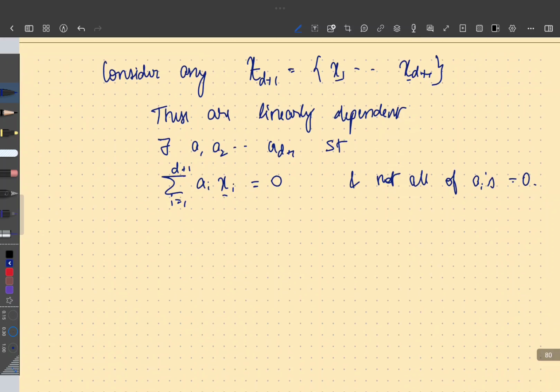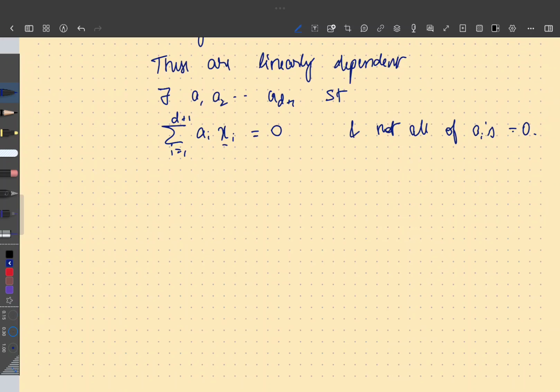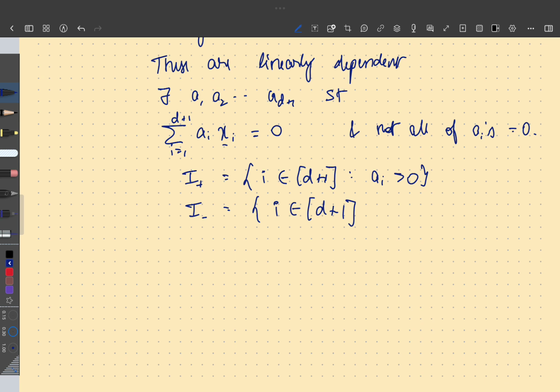So let me denote I plus to be the set of all i such that ai is positive, and I minus such that the ai's are negative.